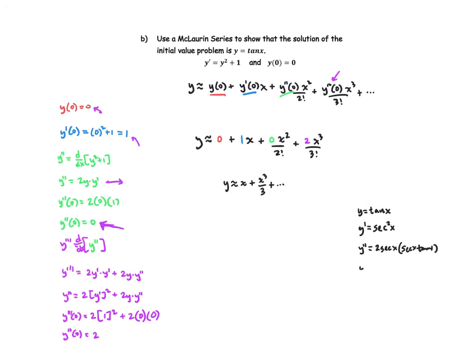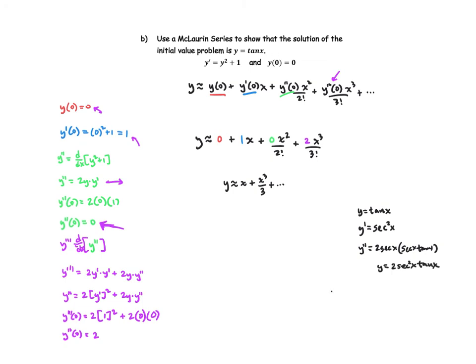Now y triple prime will equal the derivative of that. Now, before I create that, I'm going to compact this a little bit and call the second derivative, let me back this up a step here, I'm going to rewrite the second derivative as 2 secant squared x tangent x.